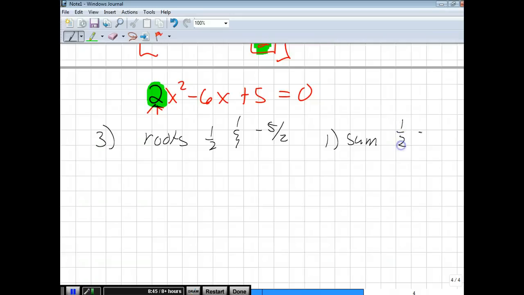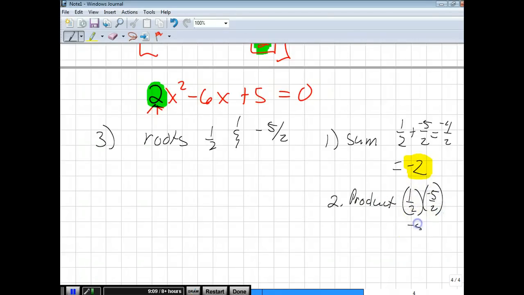So 1/2 plus negative 5/2 is negative 4/2, or negative 2. So that's the sum of the roots. Step number 2, find the product. So 1/2 times negative 5/2 is negative 5/4. All right? So that's the product.